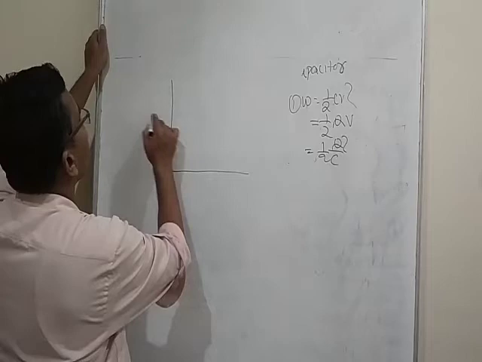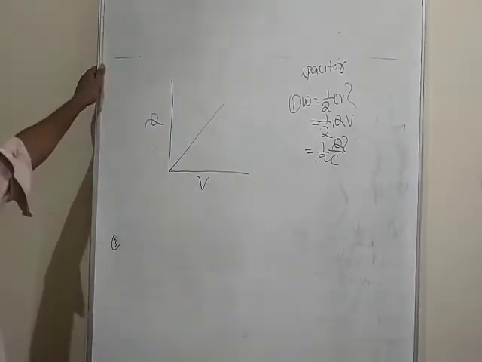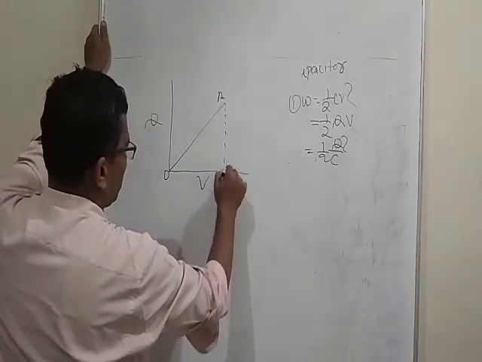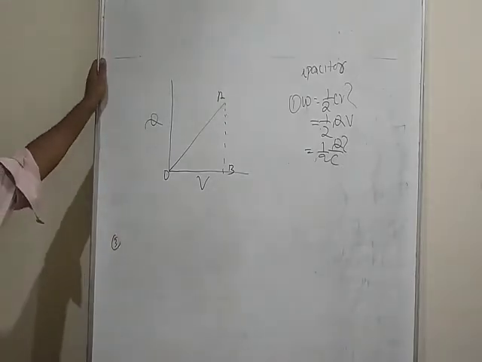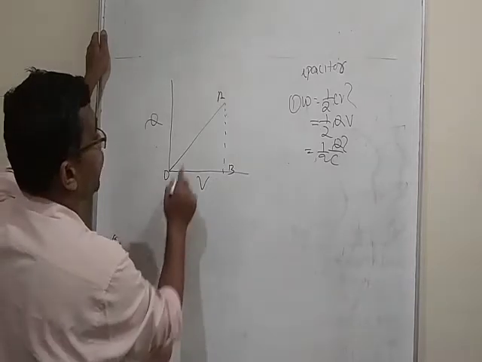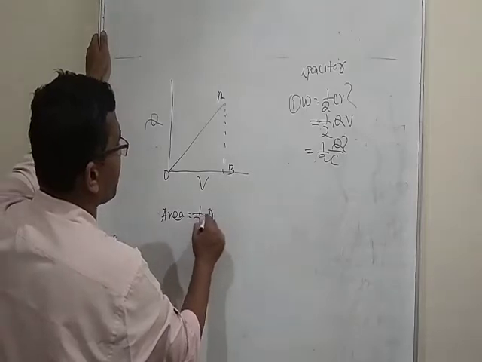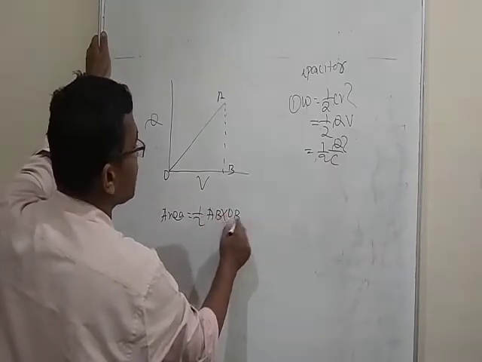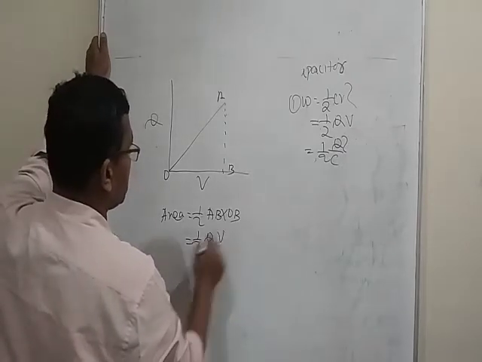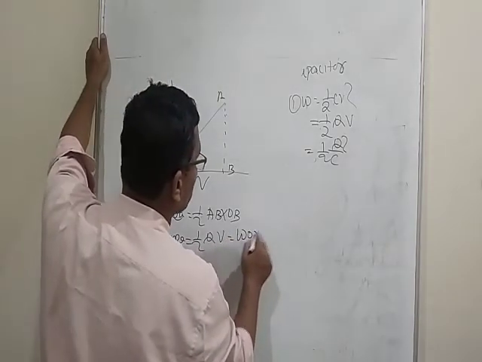Graphically, what is the area under the QV graph? The area under the QV graph is a triangle OAB. So area is equal to half AB into OB, that is equal to half QV, which is equal to work done.